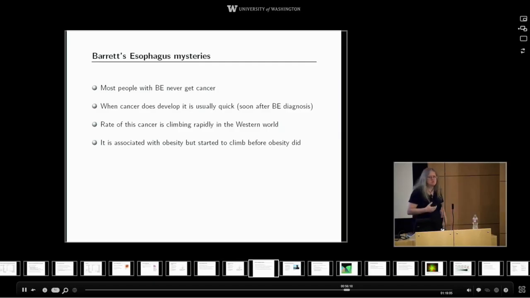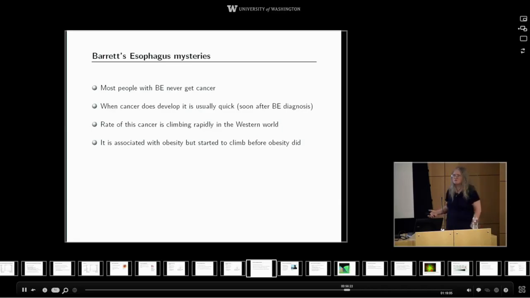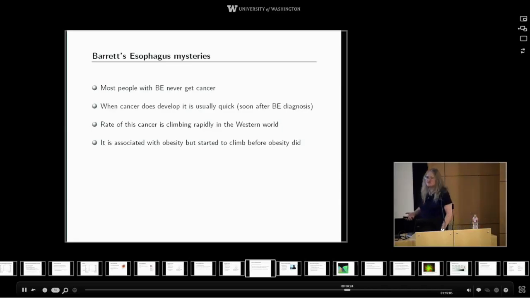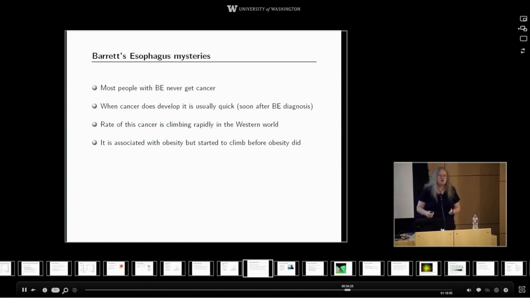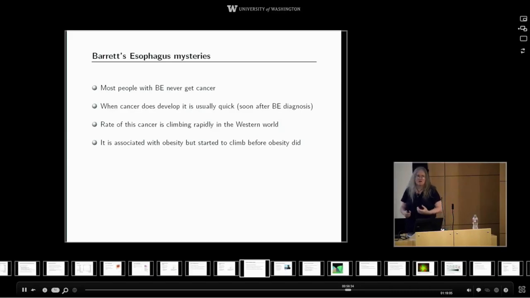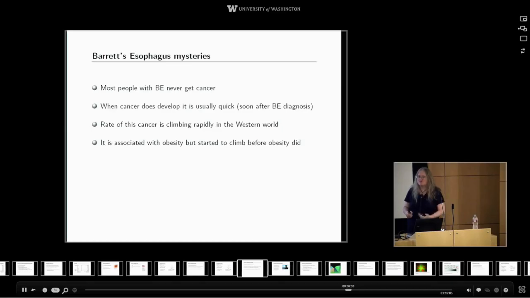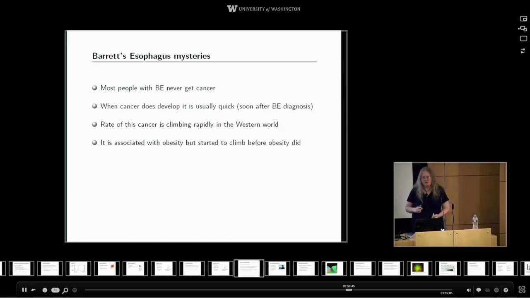So there are some mysteries about Barrett's esophagus. Most people with Barrett's esophagus never get cancer. We follow them for decades and decades until they die of something else. But those that do get cancer often get it very quickly, usually within about 4 years of the detection of Barrett's esophagus. The clinical standard is to survey these people every 6 to 12 months, and very frequently, among the 5% that get cancer, they get it quickly.